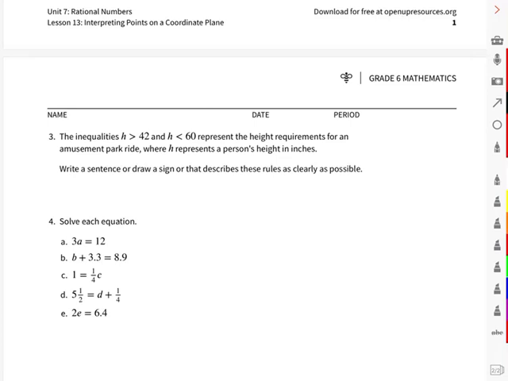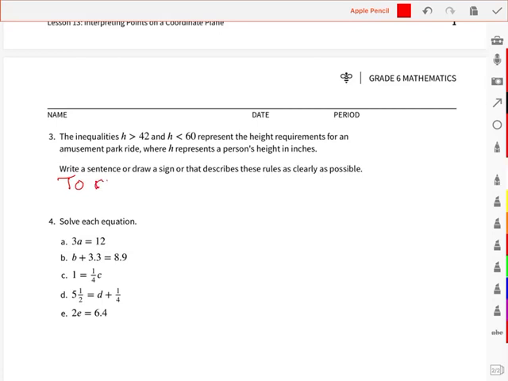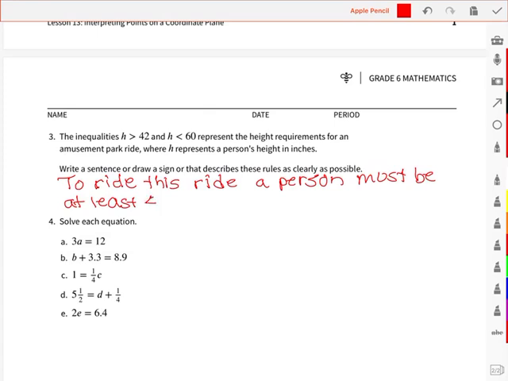So you could make a sign that says, to ride this ride, a person must be at least 42 inches, which is 3 foot 6 inches, and no taller than 5 feet.